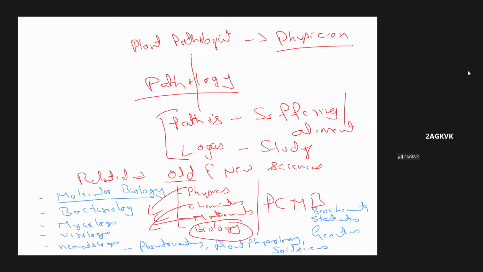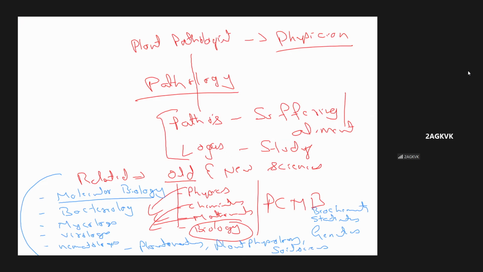So the bottom line, what we are trying to understand, is that the study of plant pathology is related to most of the old and the new sciences, such as physics, chemistry, mathematics, and biology, followed by specialized subjects, which could be molecular biology, bacteriology, mycology, virology, nematology, also botany, that is plant anatomy, plant physiology, genetics, statistics, biochemistry, and the soil sciences.